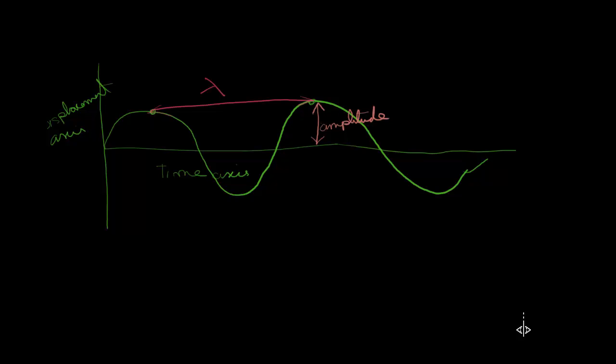the frequency is the time taken for one complete oscillation. No, this is a time period. So if we want to measure the time period, one complete oscillation is from this point up to this. So we can say this is the time period. Now what about frequency?